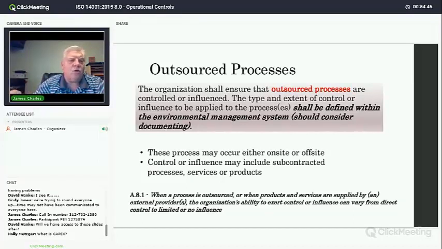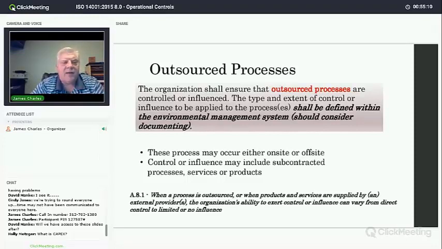So those are the words from the standard. Those are the words that you're going to have to demonstrate conformity to. Your auditor will say, what type of control or influence do you exert on your outsourced processes? And you will show them or tell them something. That'll be up to you.